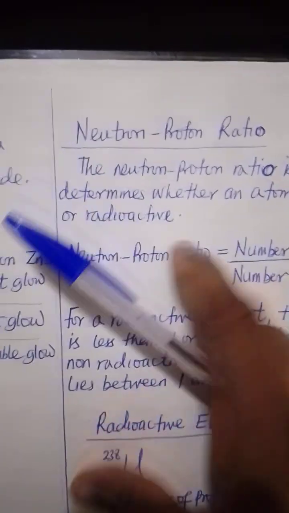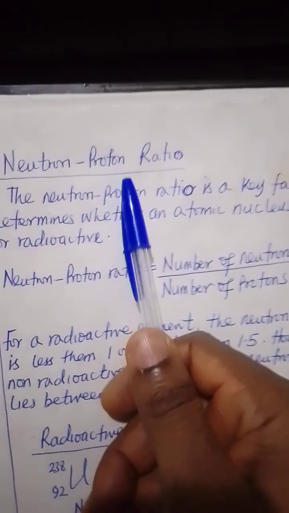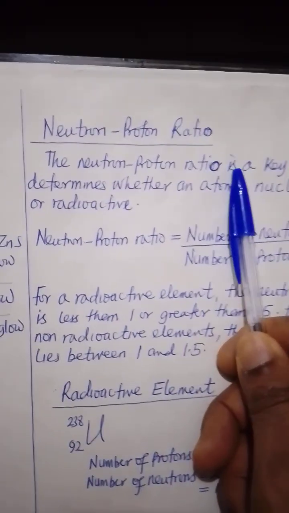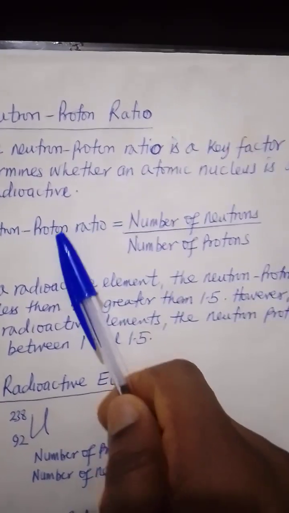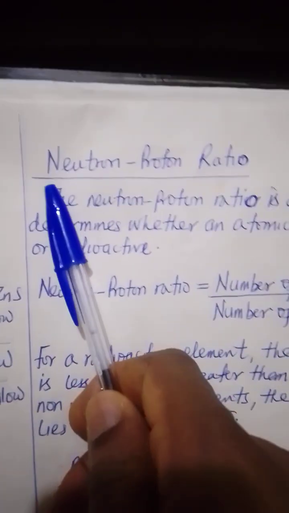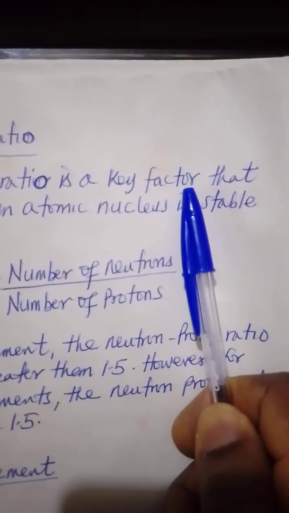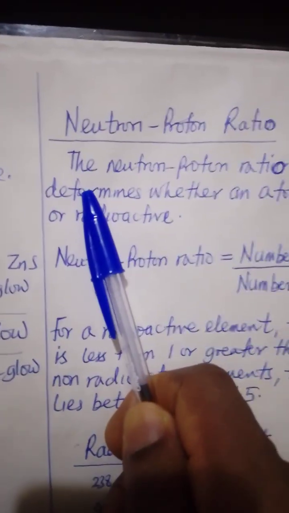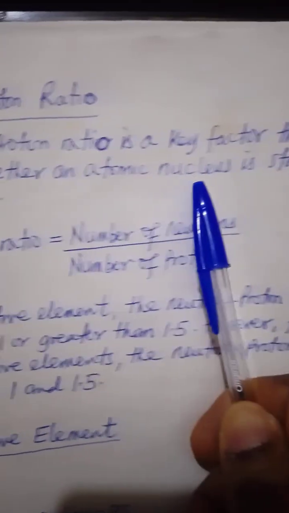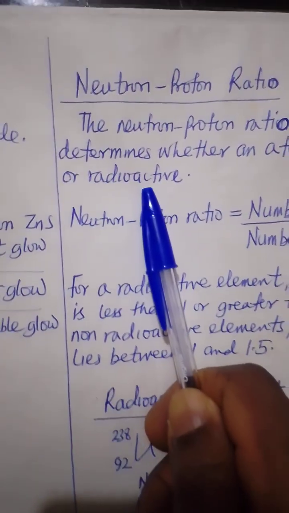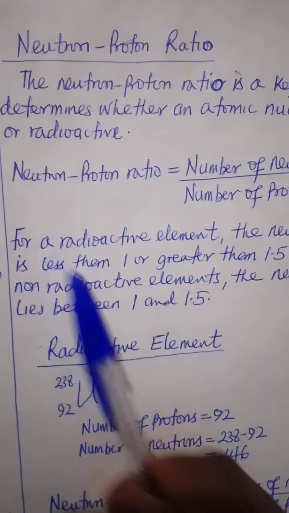This will take us to the neutron-proton ratio. The neutron-proton ratio is used to determine whether an atomic nucleus is stable or unstable. It is a key factor that determines whether an atomic nucleus is stable or radioactive. So what's the formula?